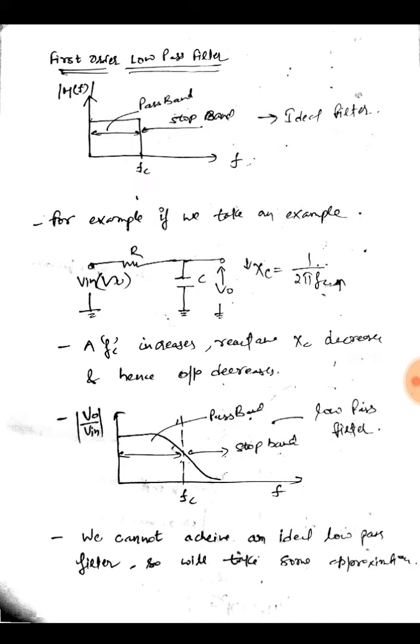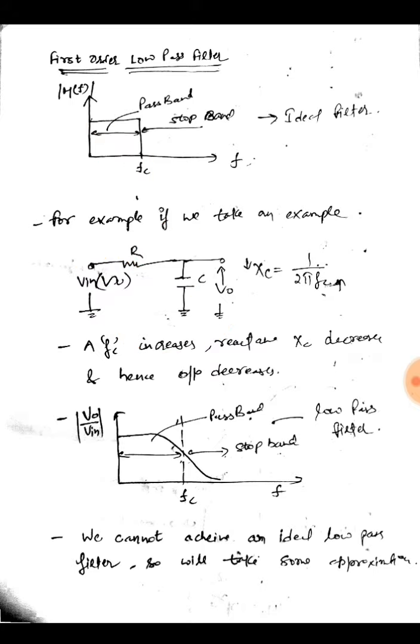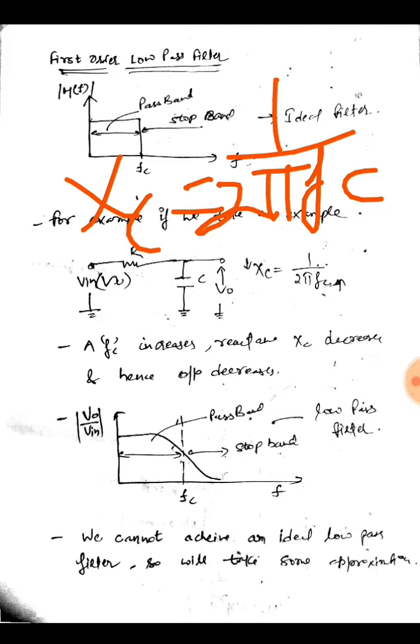For example, if we take a low pass filter, it can be given as an RC filter. This is our resistance, this is the capacitor. If I provide a sinusoidal input to this filter, and the output is V0, which is the voltage across C, the reactance can be given as Xc is equal to 1 upon 2 pi Fc.